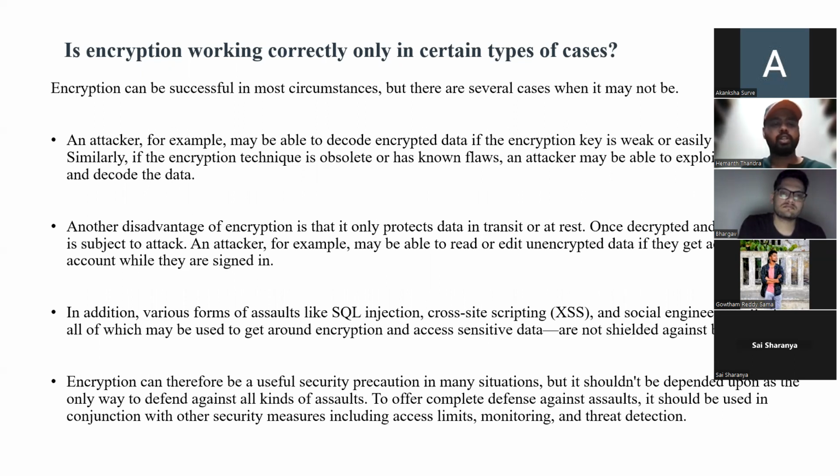One example is that an attacker may be able to decode the encrypted data if the encryption key is weak or easily predictable. And there are a few more scenarios like that. At last, I want to say that encryption is a useful security precaution in many situations, but it shouldn't be depended upon as the only way to defend against all kinds of assaults.